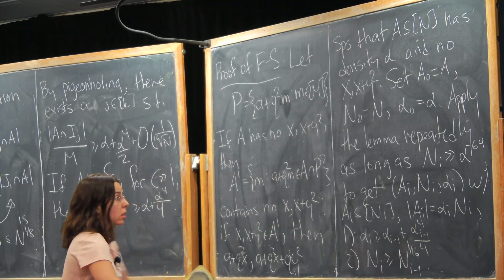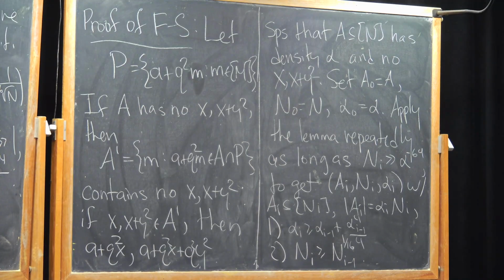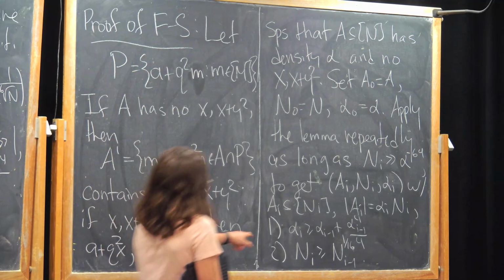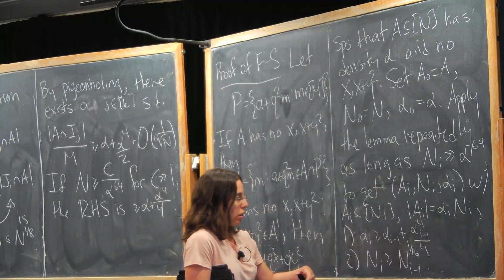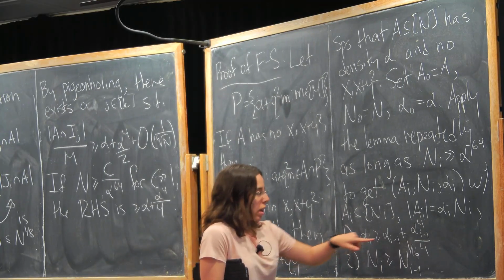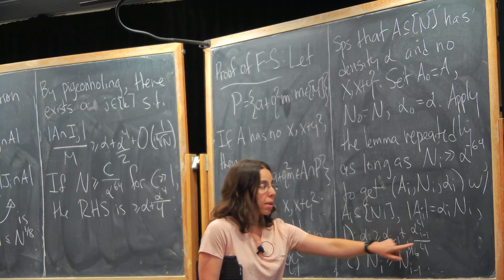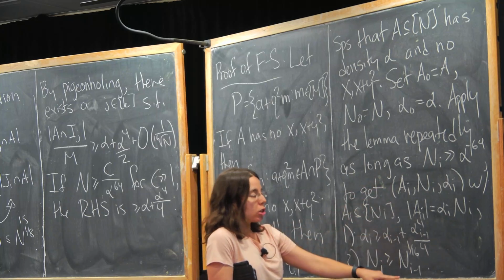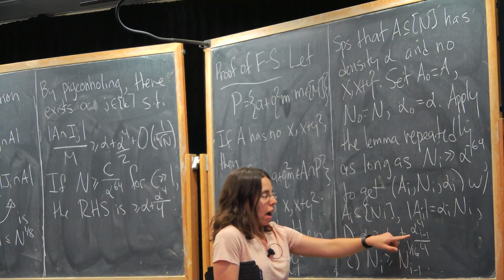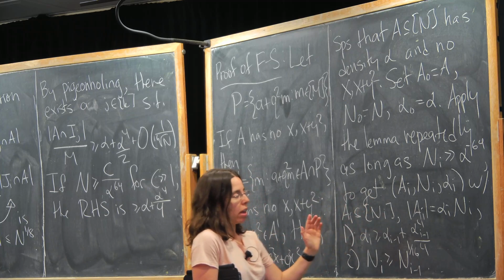Note that because of this relation, the alpha i's are strictly increasing. And so you get a density increment of at least our original alpha to the fourth divided by 4 at each step. And since density can't go above 1, this iteration must terminate at some point, when i is at most like 4 over alpha to the fourth.